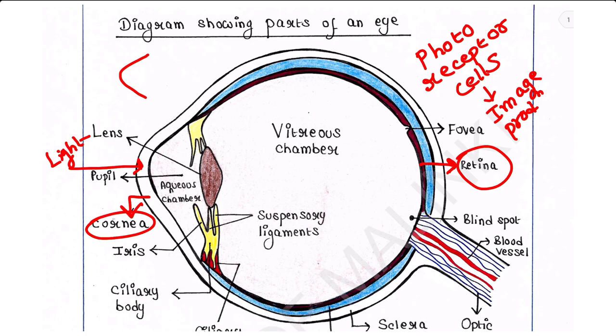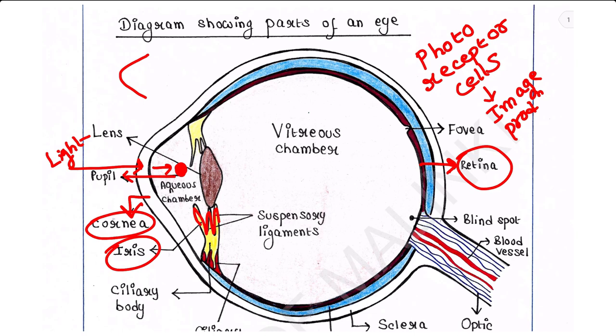Now, after crossing the cornea, the light moves through an opening, that is the pupil. So, this is the pupil, an opening, and the light now passes through it. Now you can see the iris is present here. Right? This iris controls how much light the pupil lets in.